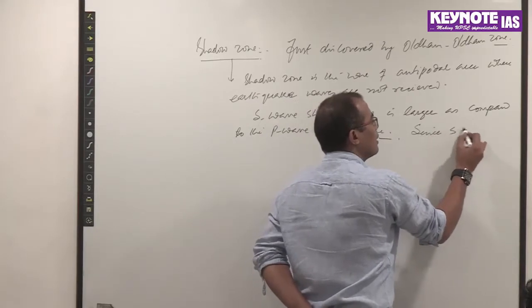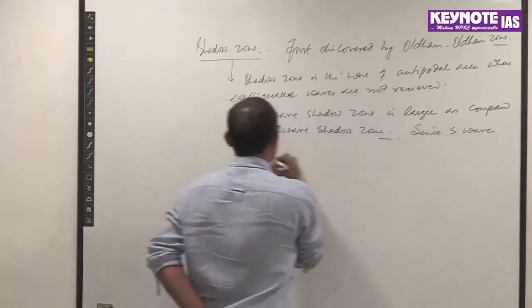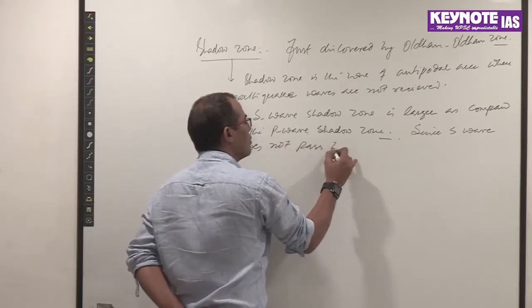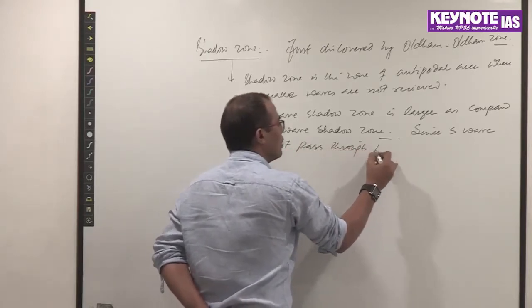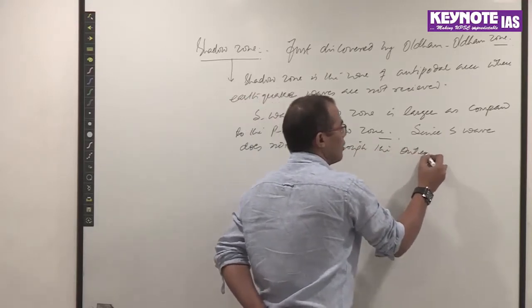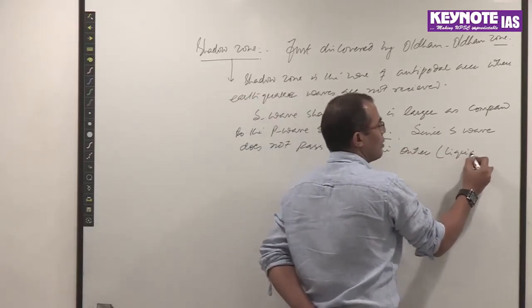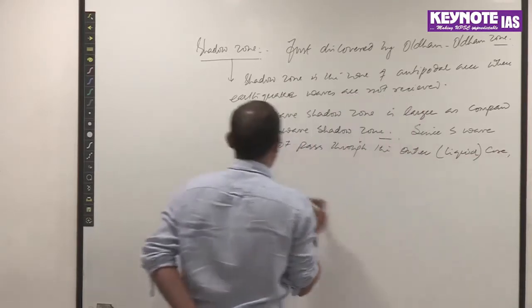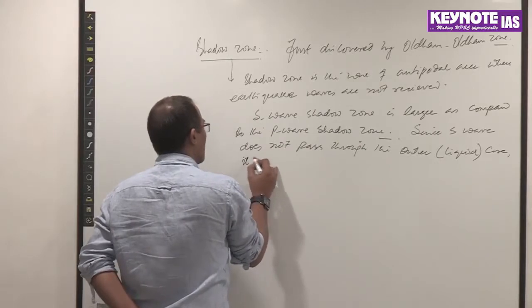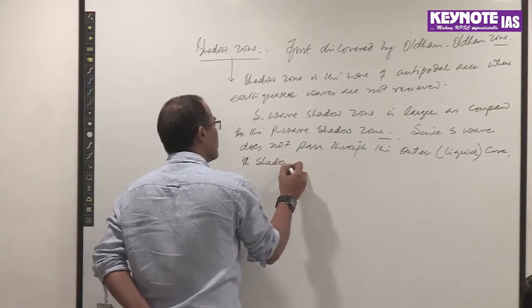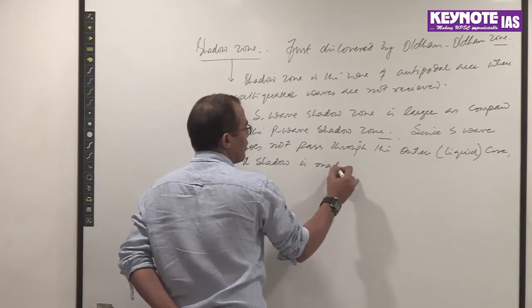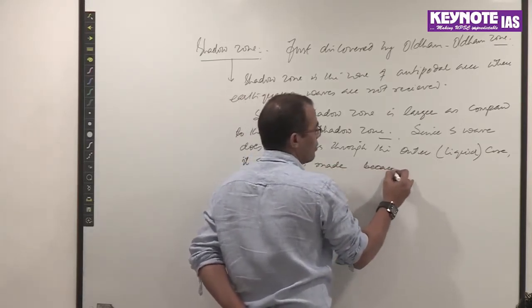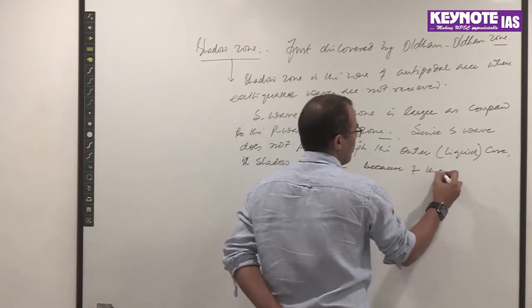Since S-wave does not pass through the outer, that is liquid core, its shadow is made because of this.